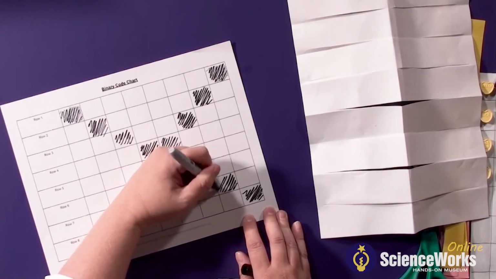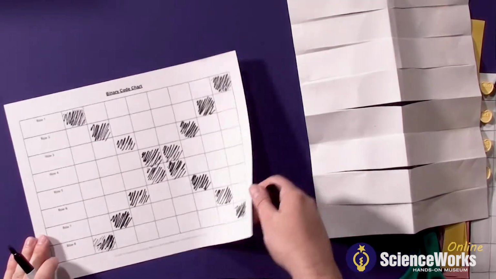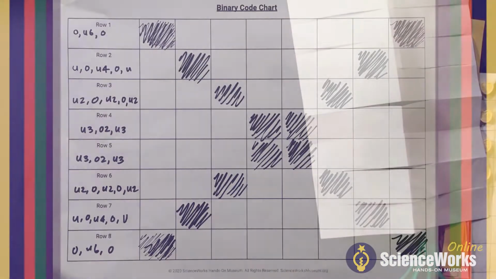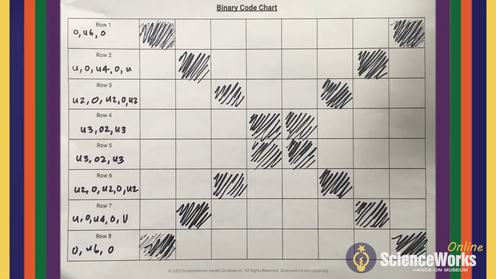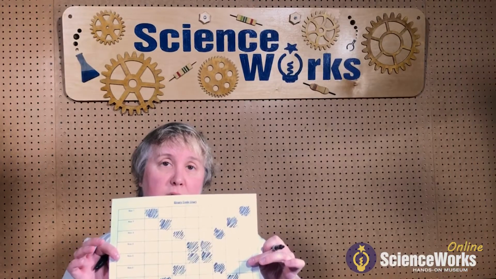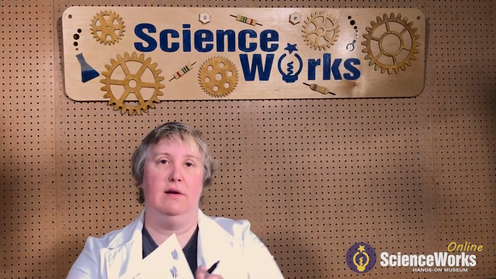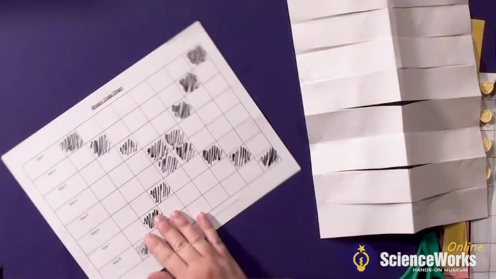And so all the places where I filled the pattern in dark, that's where my paper strip is going to go over the thread. And all the places that are left empty, that's where the paper strip will go under the strip of the weave.